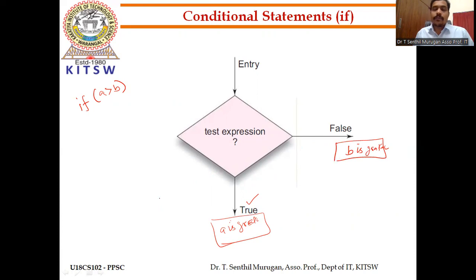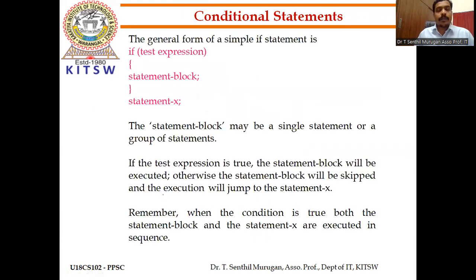So for this we can use the if statement. How can we write it? This is the syntax for the if block. if is a predefined word for checking the condition. Don't use a capital I; it should be in small letters. Then you give the condition, any condition.